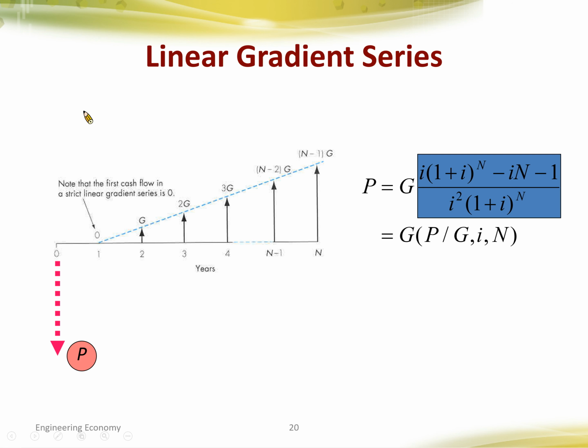So other than cash flow with multiple payments of the same value, we can also have cash flow which has a linear relationship. And for this kind of cash flow, we can also find a very simple way to obtain its future or present value.